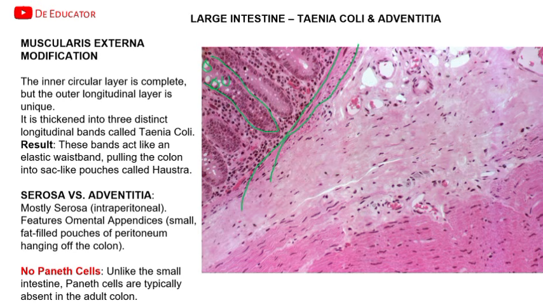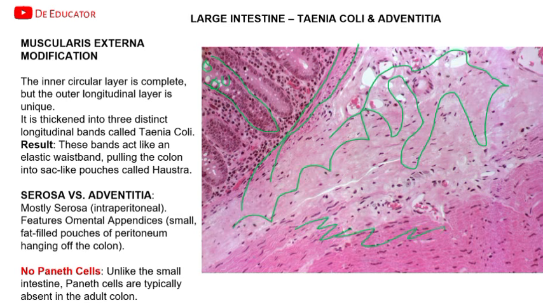So this tells you that this is the mucosa. After the mucosa, you have the submucosa. All of these here make up the bulk of the submucosa. Then as you proceed further, you see your muscle layer.